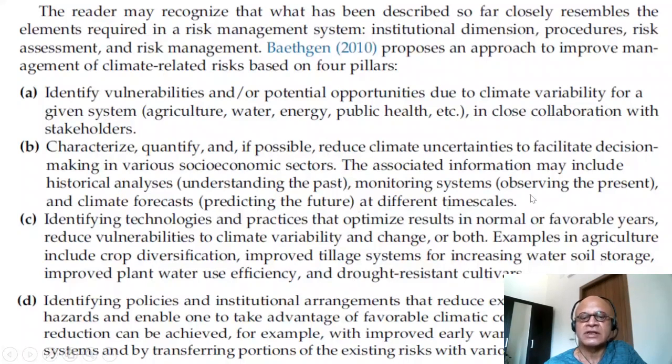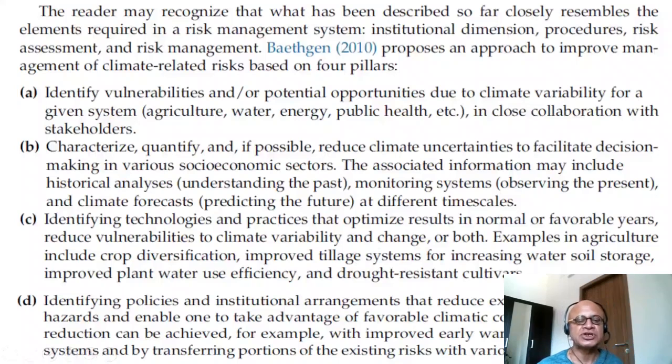IRI, Lisa Goddard, and others have added that outcomes also have to be monitored so you can get feedback and fine-tune the systems, obviously. Identifying technologies and practices that optimize results in normal or favorable years, reduce vulnerabilities to climate variability and change, or both.